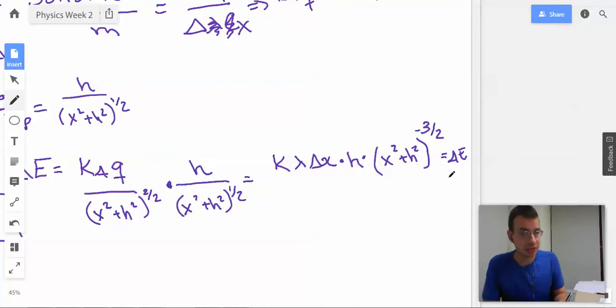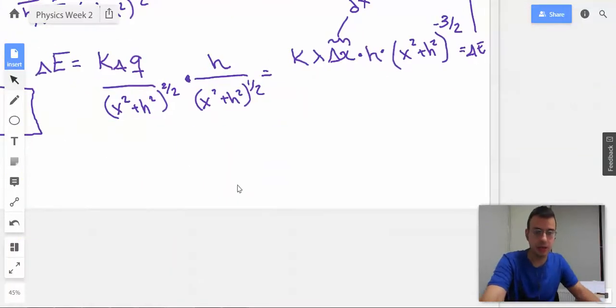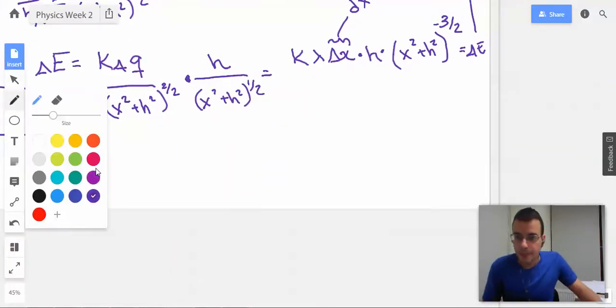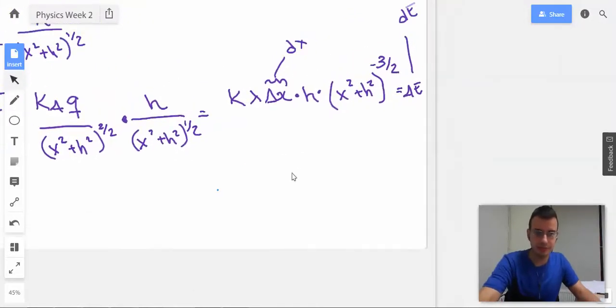So I'm going to take the integral. This guy will then become dx, this guy will then become dE. I'm going to rewrite this guy a little bit down. Let's go with, is that teal? I think I called the other one teal. I'm going to call him teal.